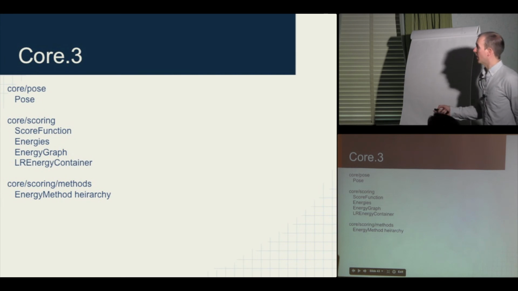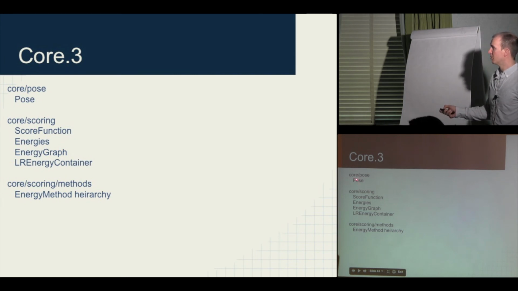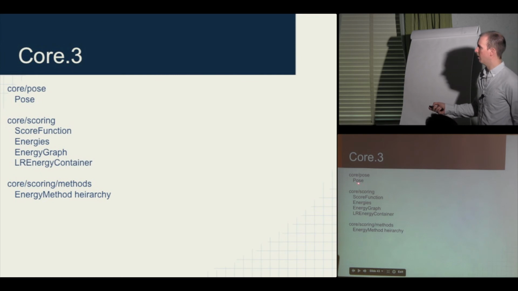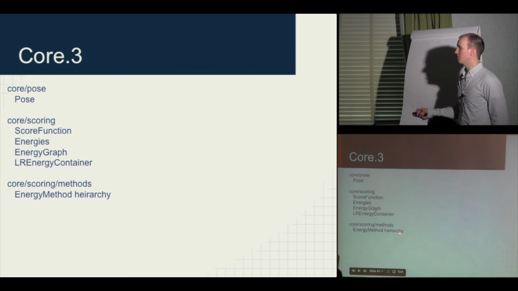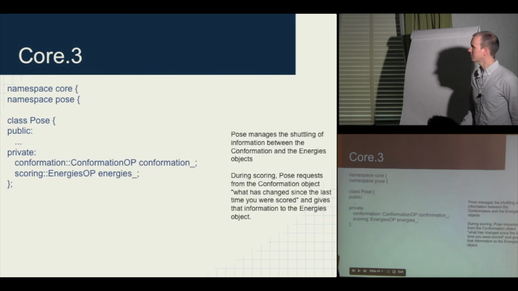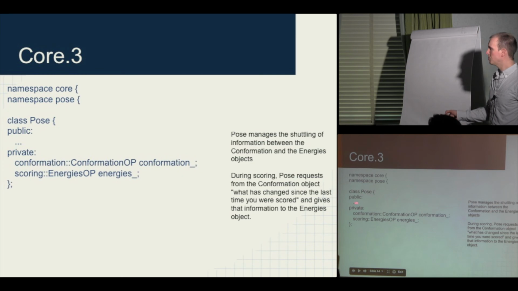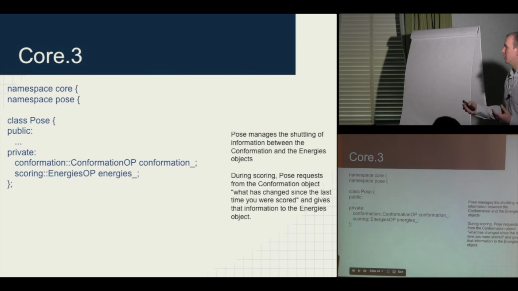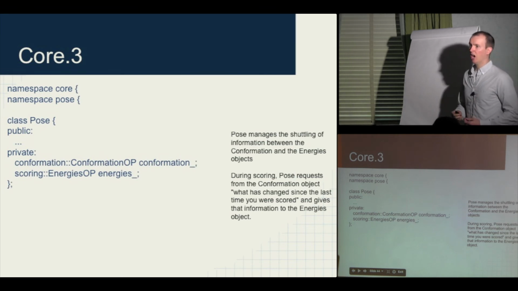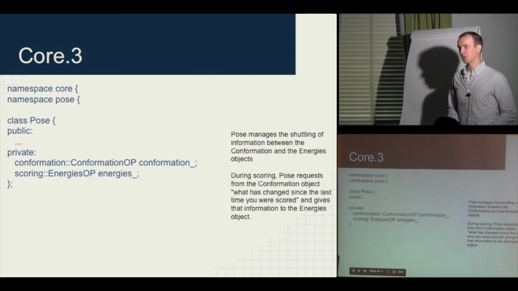Sweet. Okay, so I'm going to mention briefly what Pose is. You've already had some experience with this. I'll talk about the score function and the way we represent the energy method hierarchy. Core Pose is a lot of things, but it's mostly a conformation and an energies object. It manages the shuttling of data between conformation and energies to make scoring efficient.